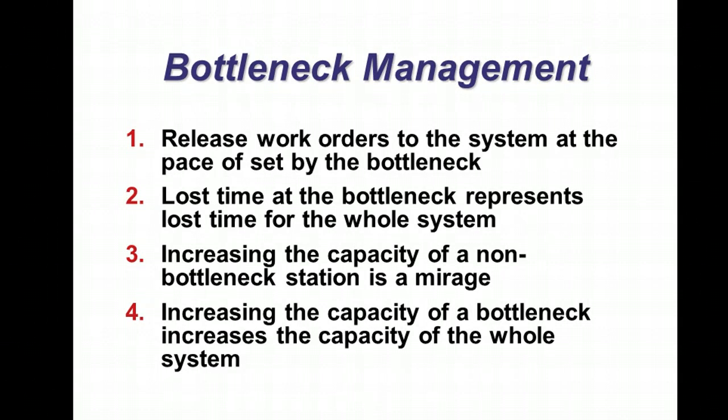So, how do you eliminate or reduce the impact of a bottleneck? Increasing the capacity of non-bottlenecks. What they're saying there on that third bullet is, if you've got a bottleneck and you add all these other machines somewhere outside of the bottleneck and don't touch the bottleneck, then you've just wasted a bunch of time and money.